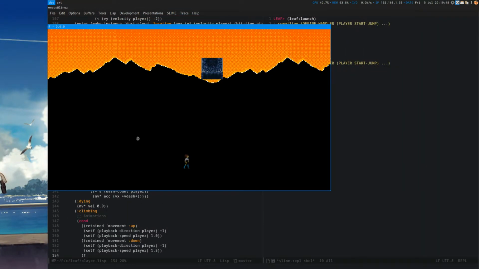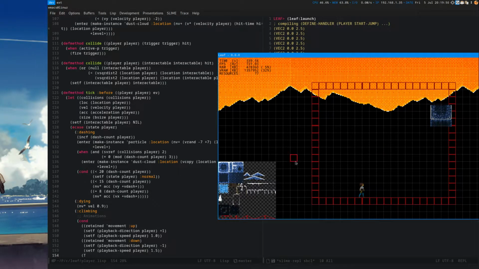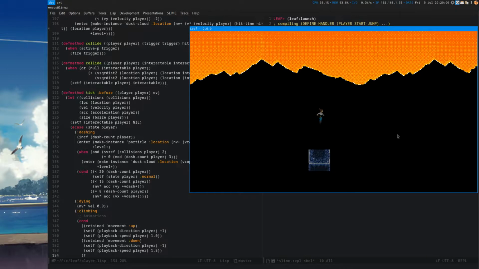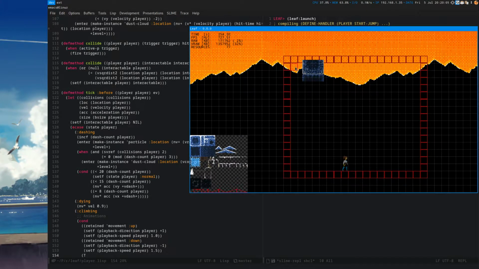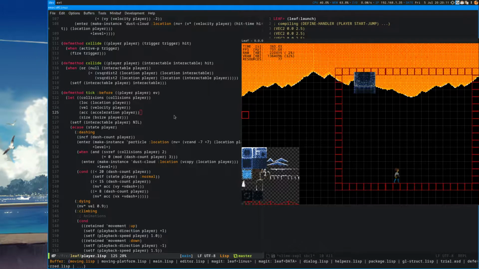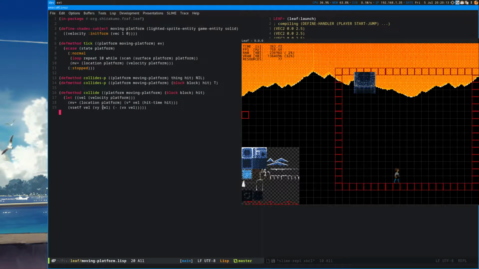Again, I wish I had an observer thingy that printed this stuff. Oh, why is it inside things? That's not good. Huh, why does that happen? It should use the properly calculated positioning.